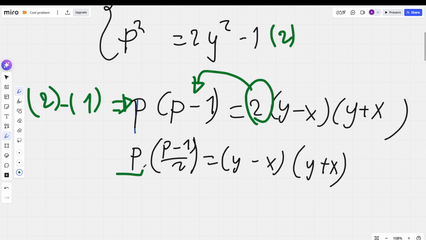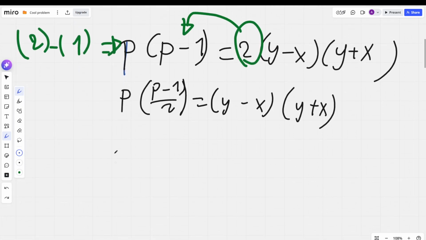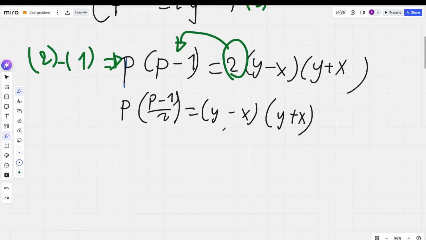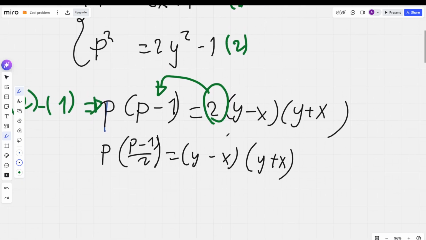Okay, let's now use that y and x are co-prime.